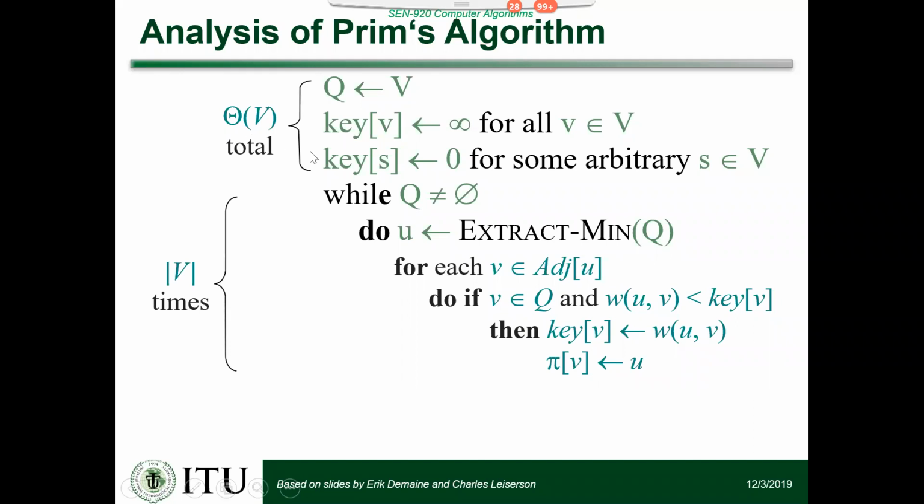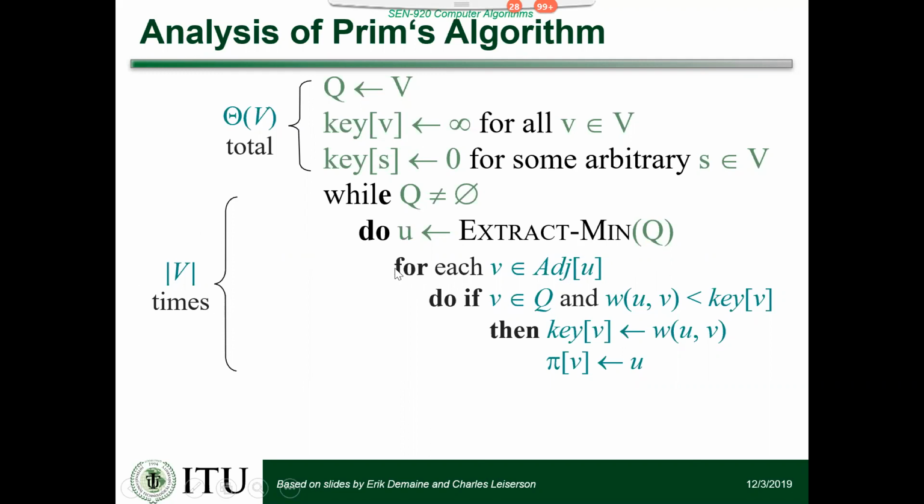And then the next one is this while loop. In this while loop, the priority queue has the total number of vertices, and you're going to extract one at a time. So in total you're going to do this iteration V times, and extract min will get called V times.